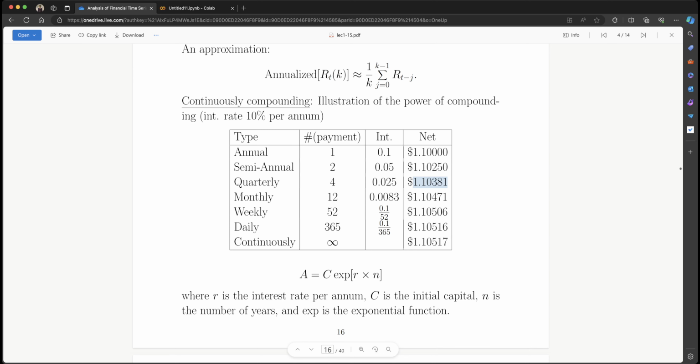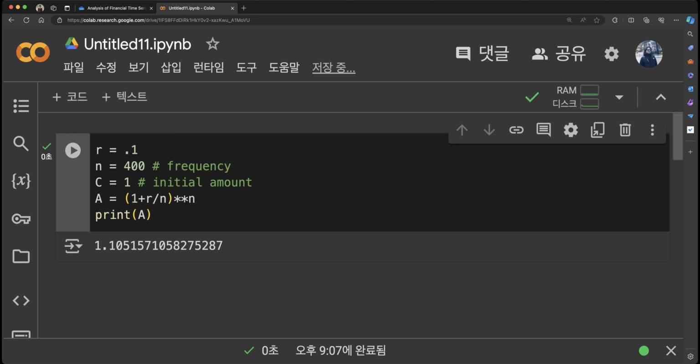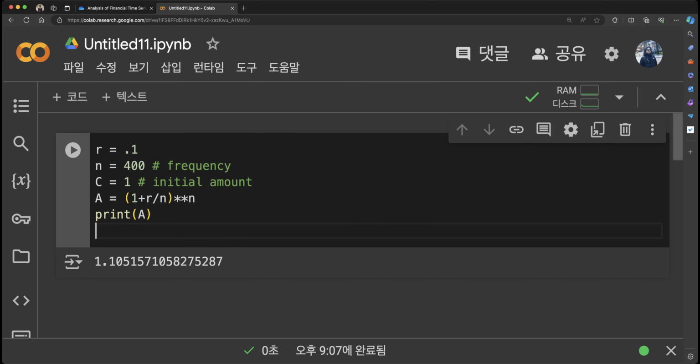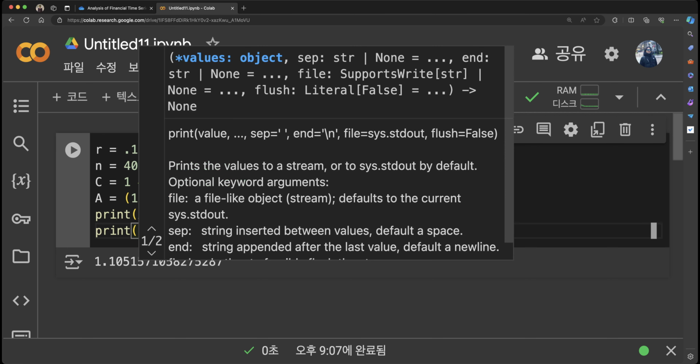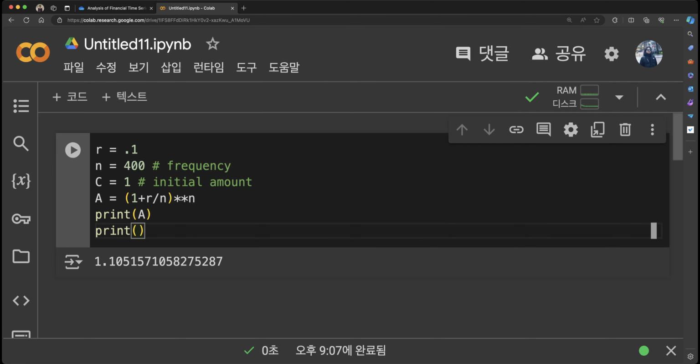So it would converge to this number, 1.10517. But to infinity, actually, we have this one. If N is very large, it should be the same as C times e to the power of R. So it should be something like this.